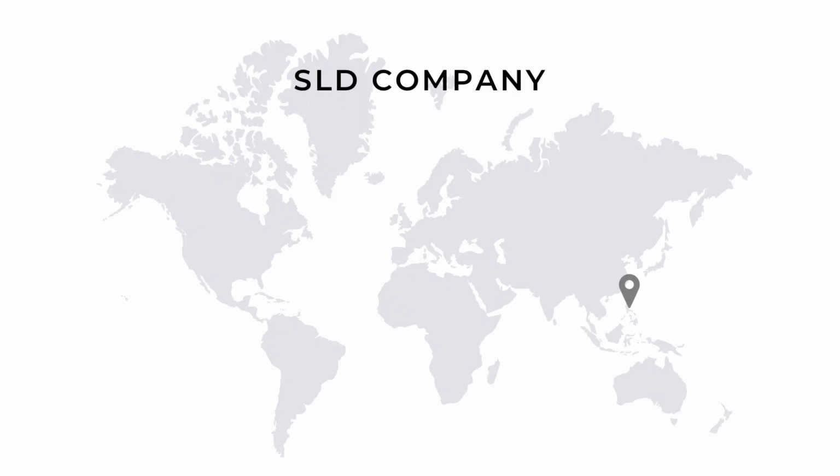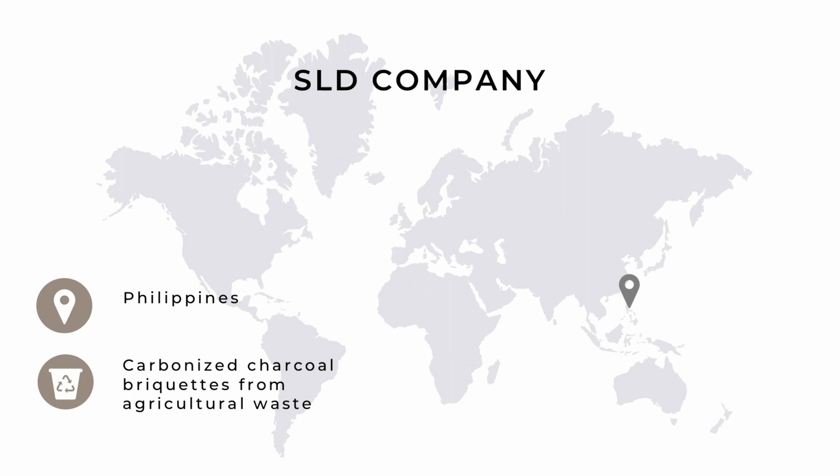Let me give you the example of SLD Company, a Filipino manufacturing company dedicated to converting agricultural waste into commercially viable products. The company makes carbonized charcoal briquettes from agricultural waste such as corn cobs, coconut husk, or the peel of vegetables and fruits.